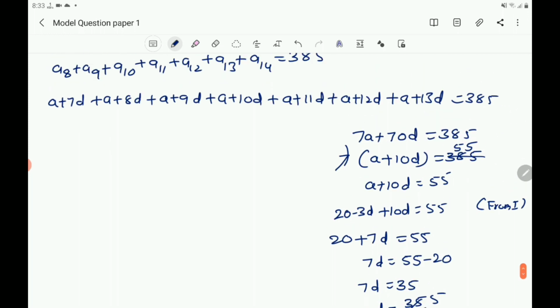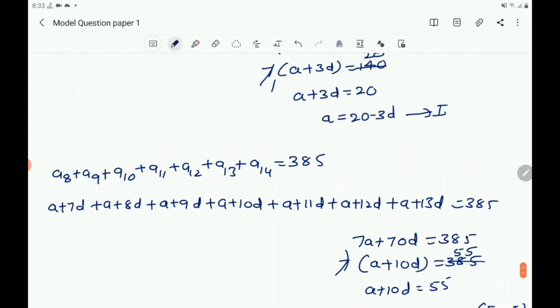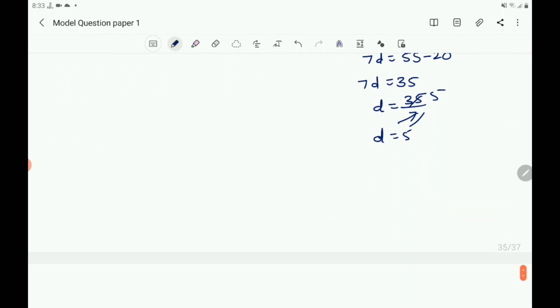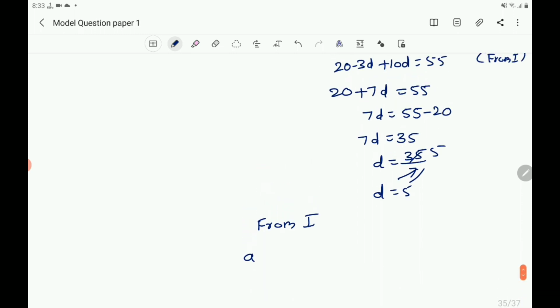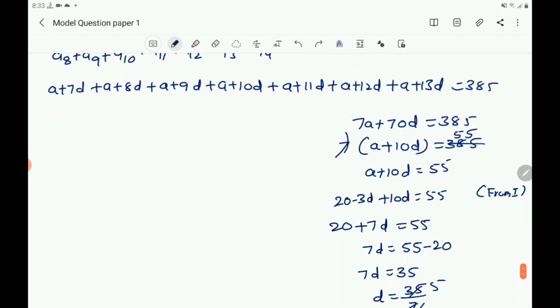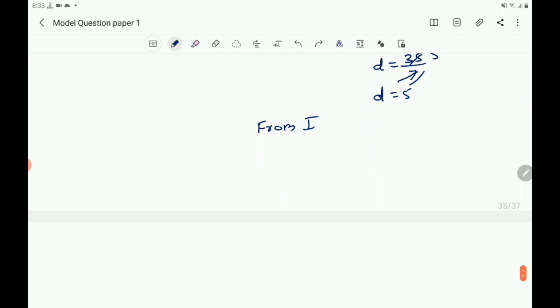Then substituting this value of D in this equation. So you take from first, A is equals to 20 minus 3D.